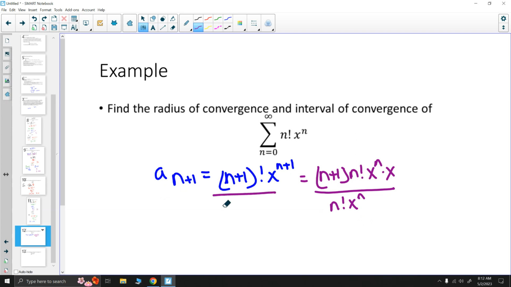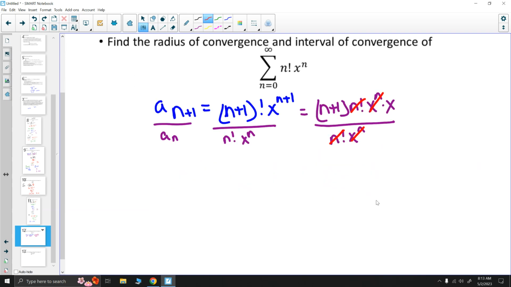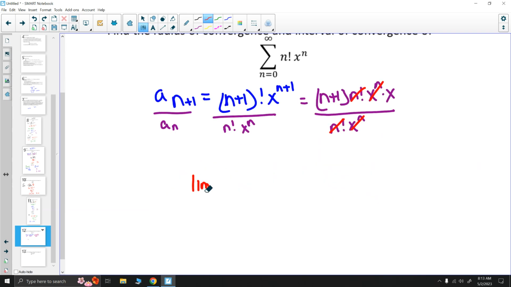So again, this is all over our a sub n. Okay, so if you notice, n factorials are gone, x to the n's are gone, and we want to show the limit as n approaches infinity of the absolute value of n plus 1 times x will be less than 1.